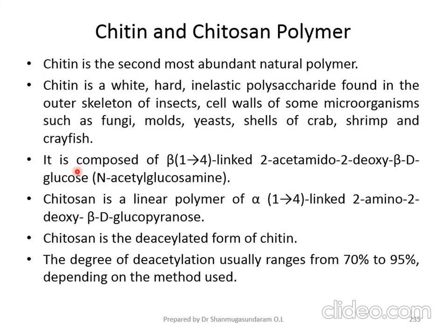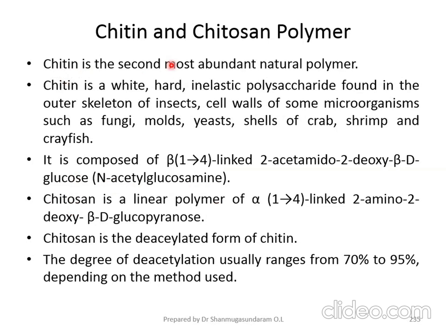If you look at the chemical structure, it is composed of 1,4 linked 2-acetamido-2-deoxy-beta-D-glucose. Simply, you can call it N-acetyl glucosamine. Then the chitosan is a linear polymer which is derived from chitin only.